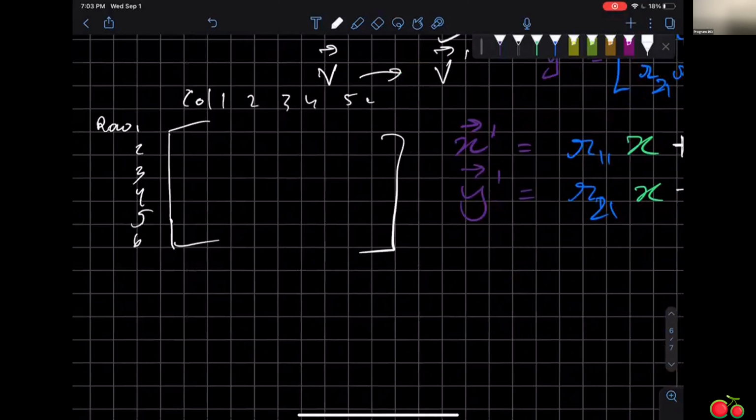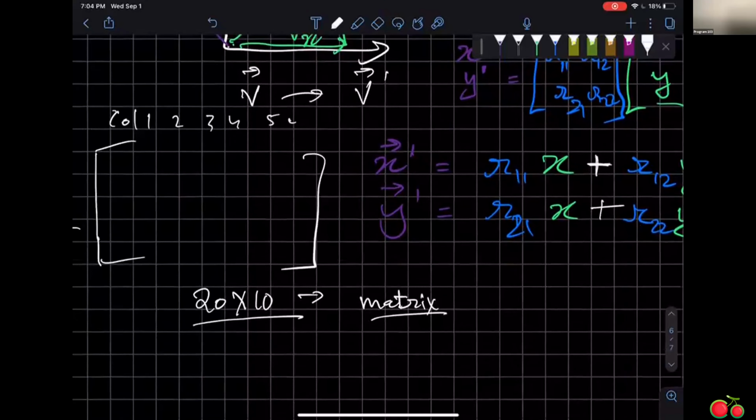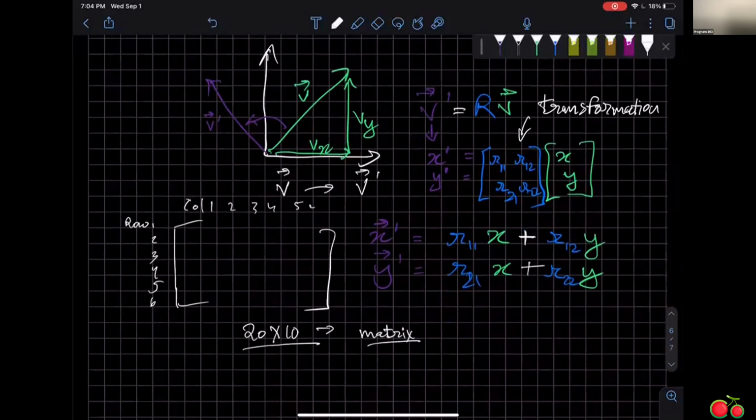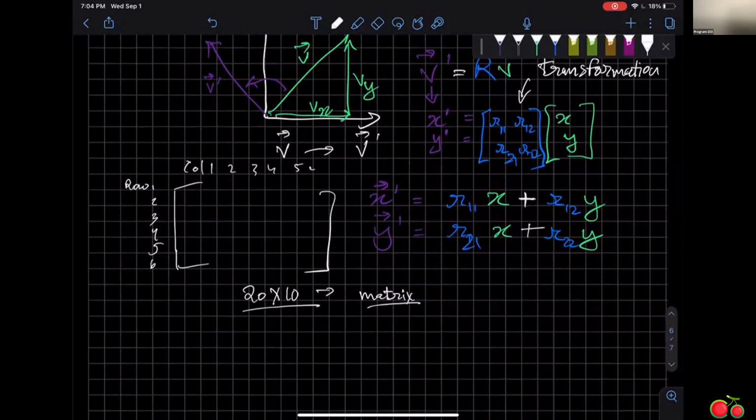So if I have a data set with 20 rows and 10 columns, I essentially have a matrix with 20 rows and 10 columns, right? So I can think of it like a giant matrix. That's one way to think about it.